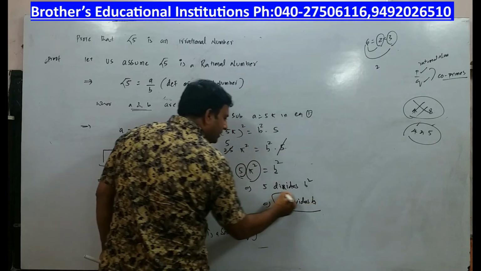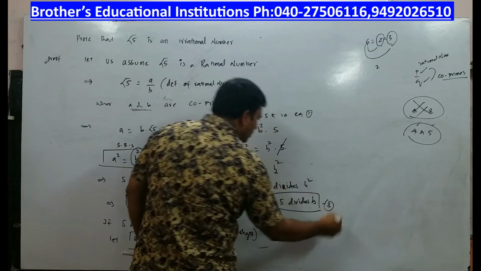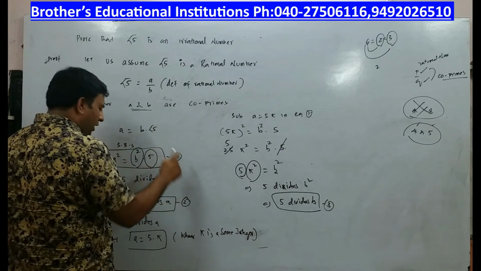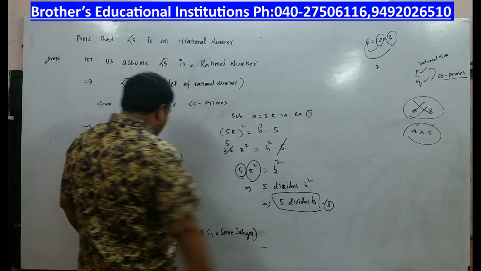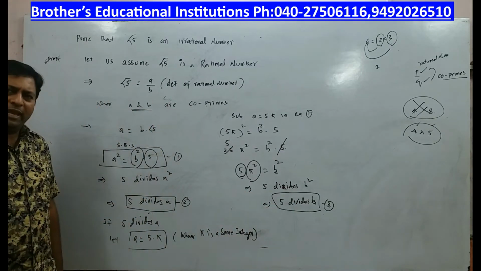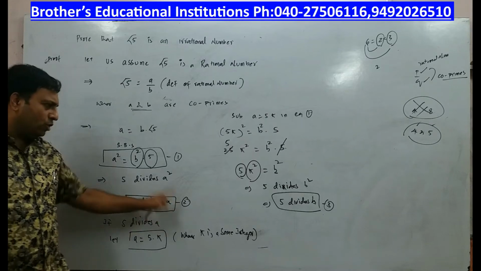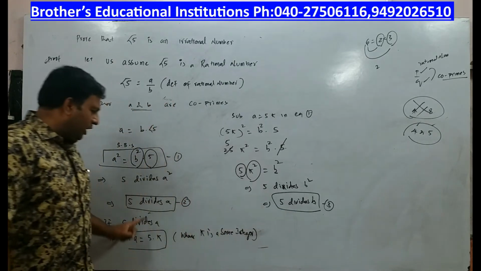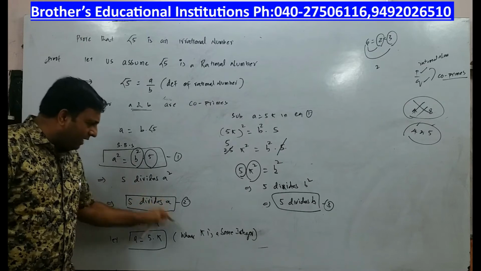I will call this equation number 3. This is equation number 1, equation number 2, equation number 3. Now I want you all to observe very carefully what is equation number 2 and what is equation number 3. Equation number 2 says 5 divides a.